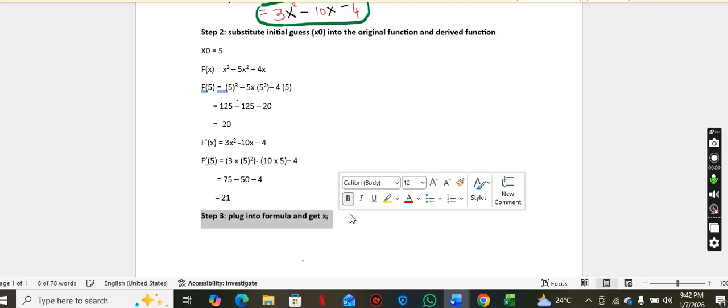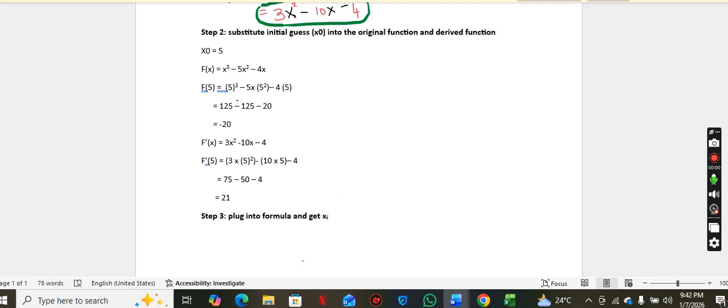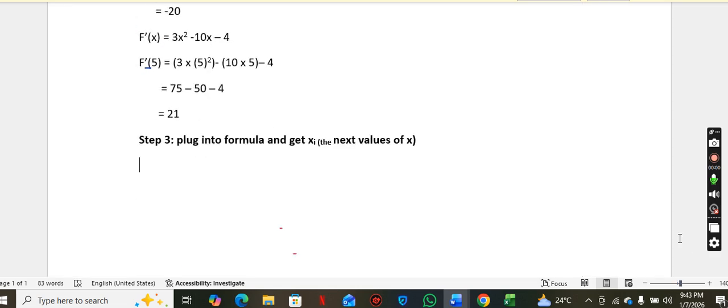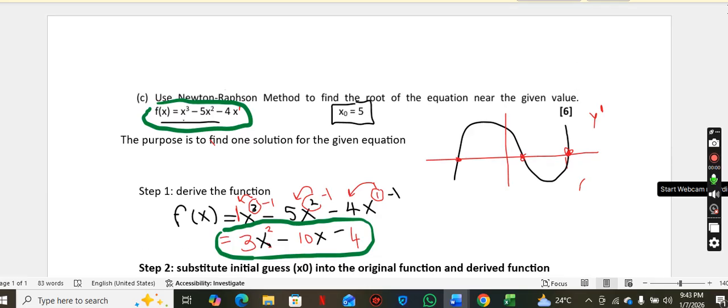Step 3, plug into the formula and get xi. Xi just means the next values of x. Put it in simple language, the next values of x, which is x1, because we started with x0, so now we're going to x1. Since our initial guess was x0, remember initial guess here, x0 here.